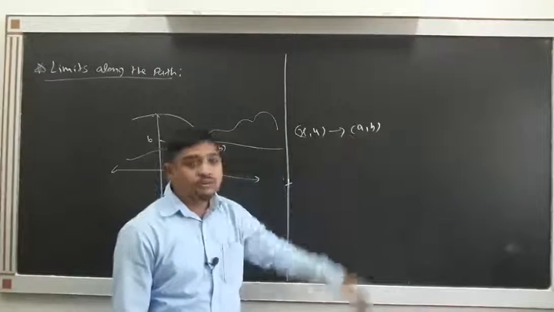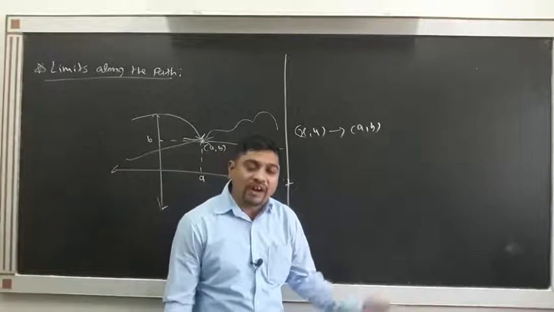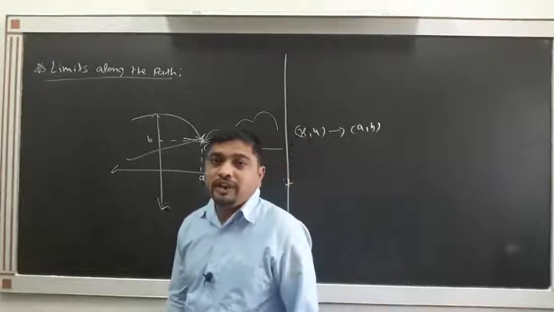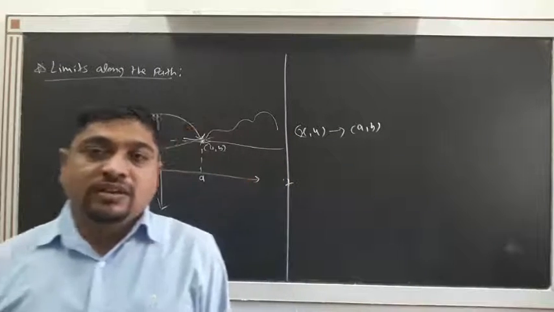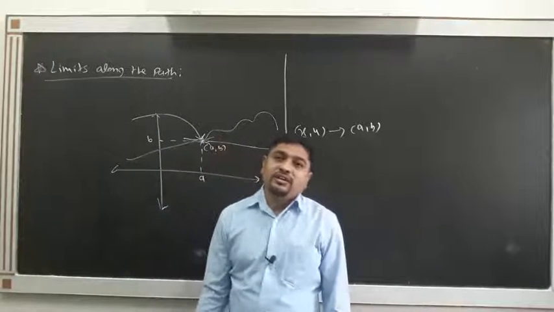In the definition, what do we see? What is the definition of the limit of f of x, y as (x, y) tends to (a, b) equal to L?